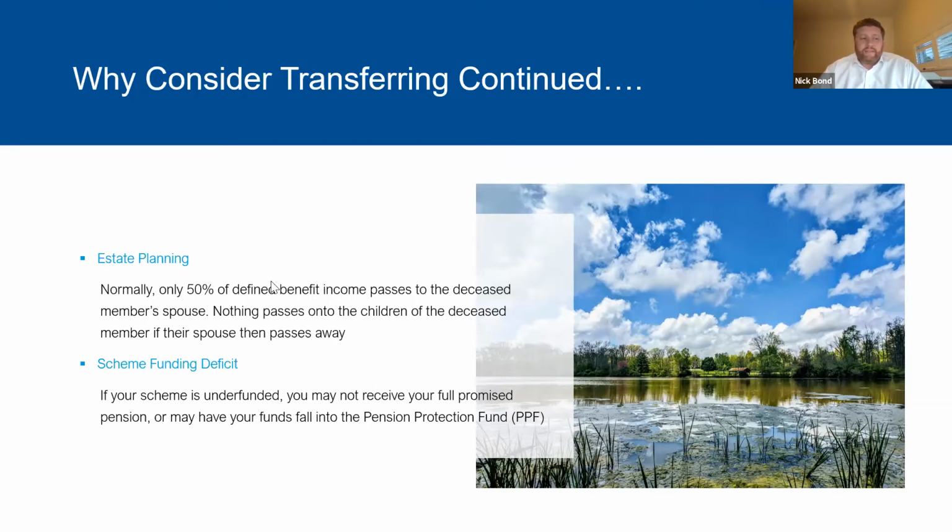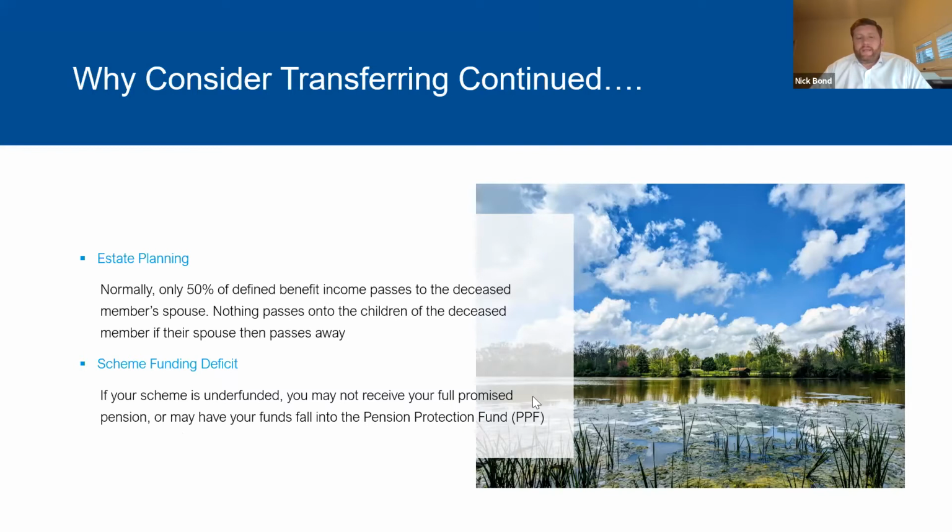Scheme funding deficit. The final salary scheme has a pot of money that it carefully monitors to determine how much it's got there to pay the members. A lot of schemes are very expensive to run, hence why very few of them are offered these days. The schemes often run at a deficit because they have to invest the money very conservatively and often can't keep up with the returns required.